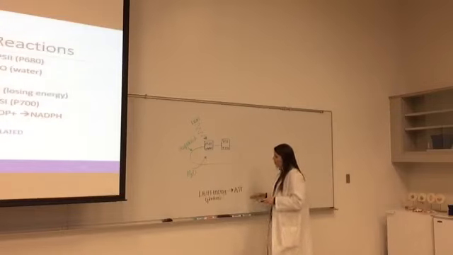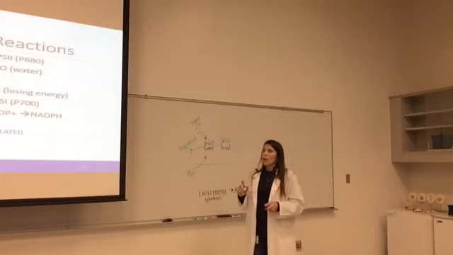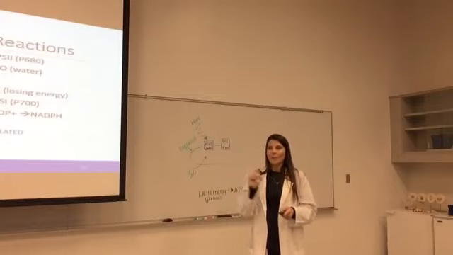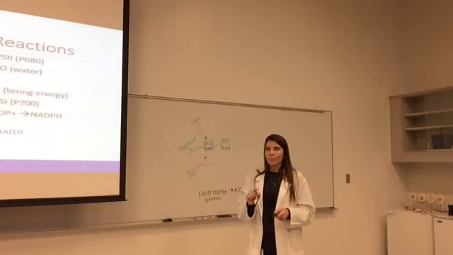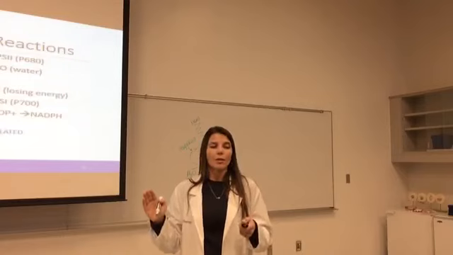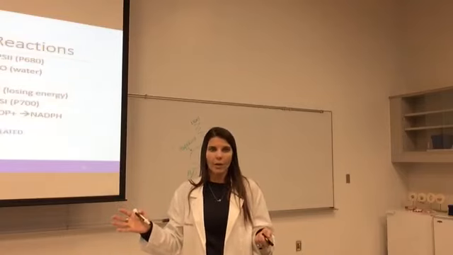Okay, that's my whole goal for these reactions here, is to take the energy from the sun and turn it into energy that this photosynthetic organism can use. What's the only way I can transform types of energy? Energy cannot be created or destroyed, but it can be transformed. How do I move it from one type of energy to another?